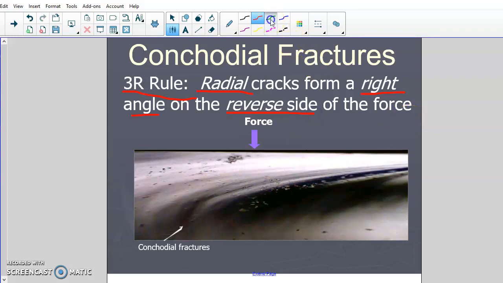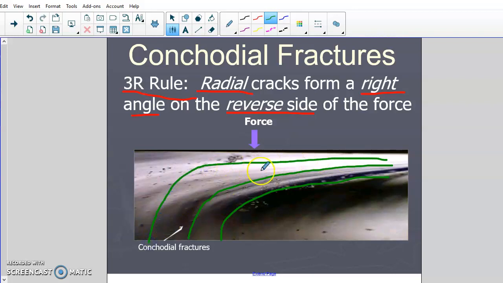So if you're looking down here, you can see that there are these lines and they're coming down like this, and they're hitting here at the bottom. As they come down like that, they're forming a right angle right here, like a 90-degree angle.